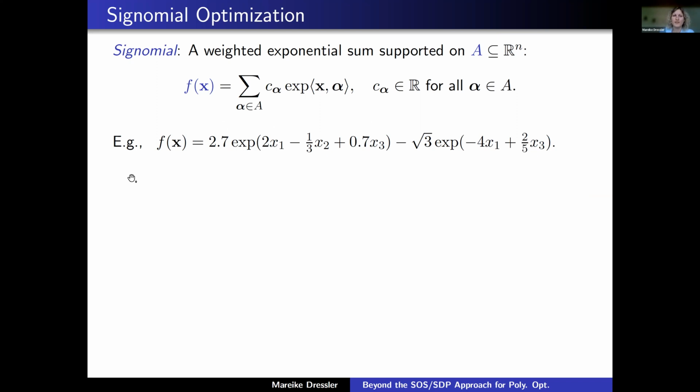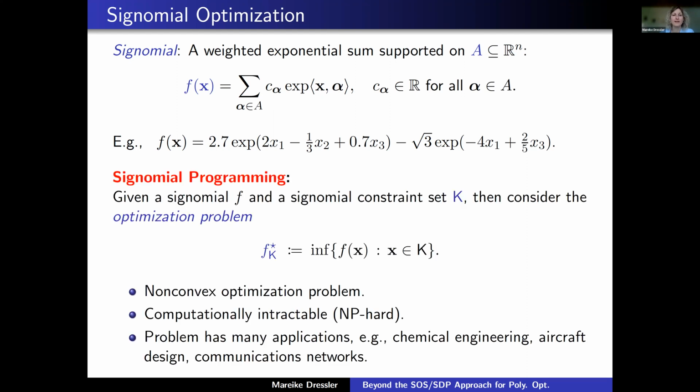This here is an example of a zygnomial. Zygnomial programming, as said, is really minimizing a zygnomial subject to zygnomial inequality constraints. And we again consider this optimal value f_k star, basically all things staying the same.